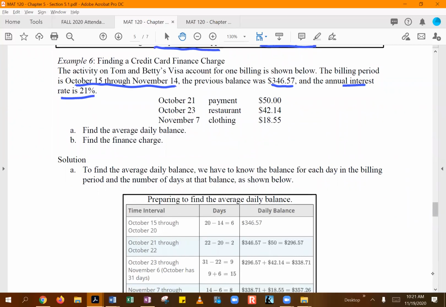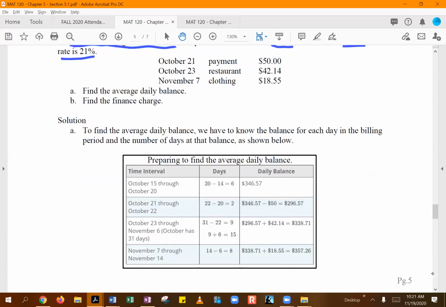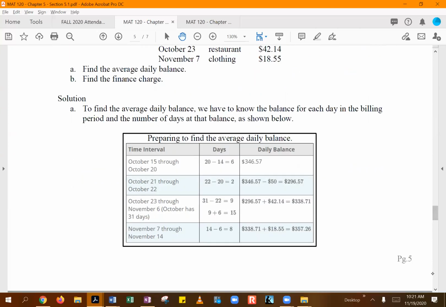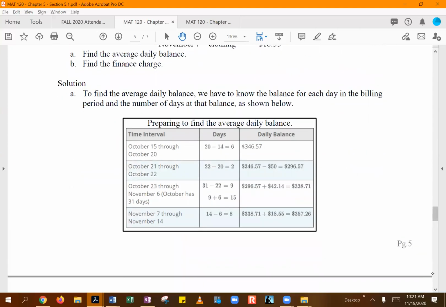On October 21st, there was a payment of $50. On October 23rd, there's a restaurant bill of $42.14. On November 7th, there was a clothing charge of $18.55. The first thing we have to do is calculate the average daily balance, and then we'll look at the finance charge.